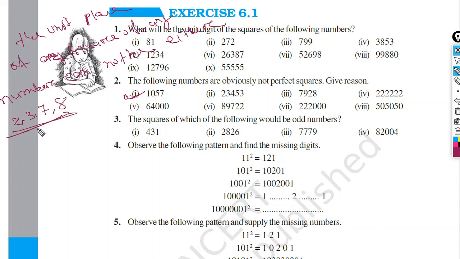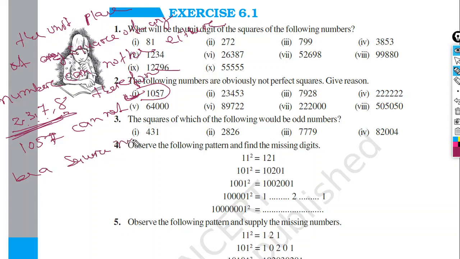Okay, so unit place cannot be 2, 3, 7 or 8. Therefore 1058, you can write therefore 57, therefore 1057 cannot be a square number. Okay, you can write like this.